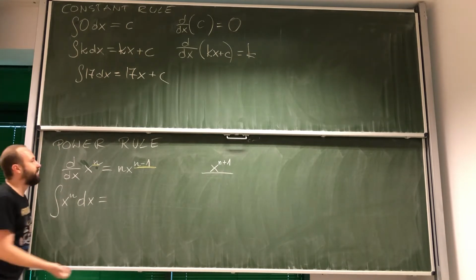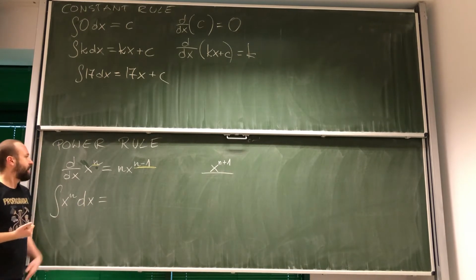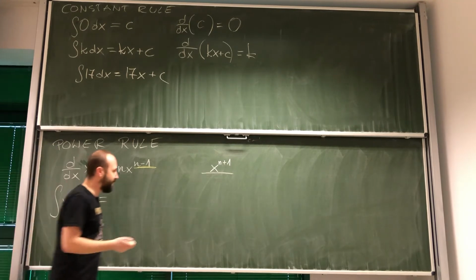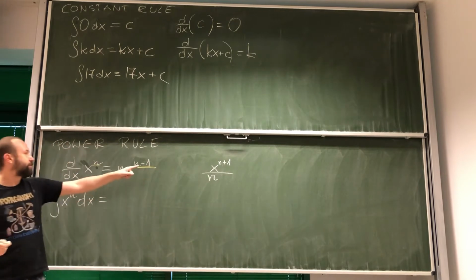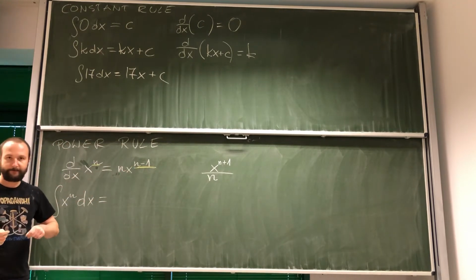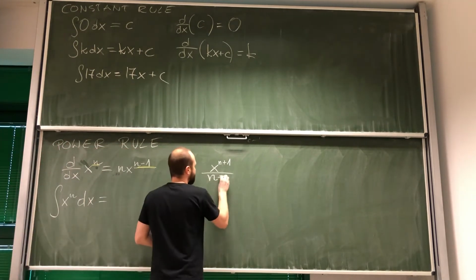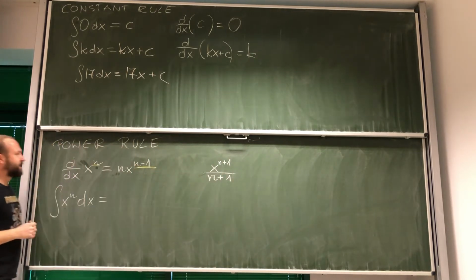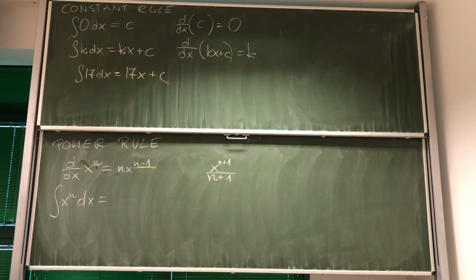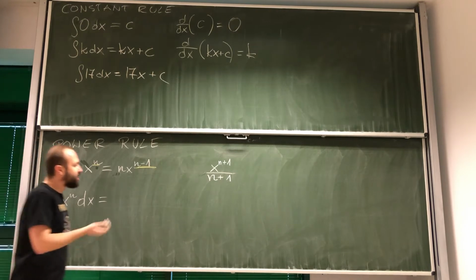So now, if I want to reverse this process, I should probably divide by n. But again, we should not be concerned with n, but rather n plus 1. Okay, so I would say that this is a pretty good candidate for expression for integral. But let's check it.